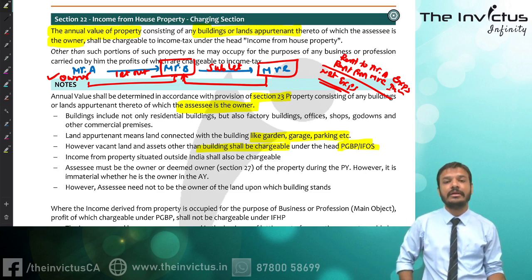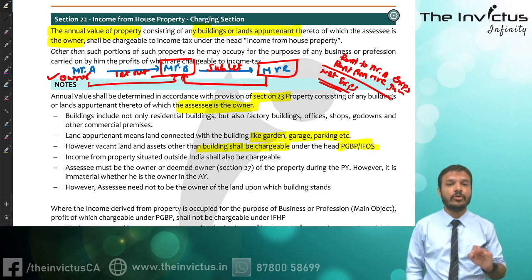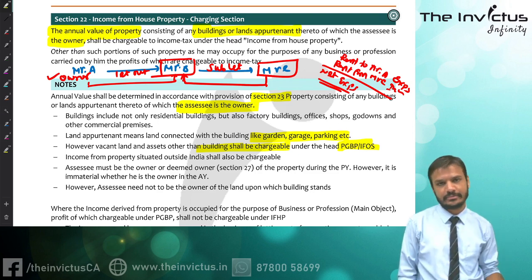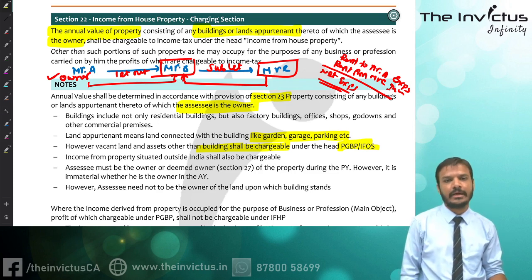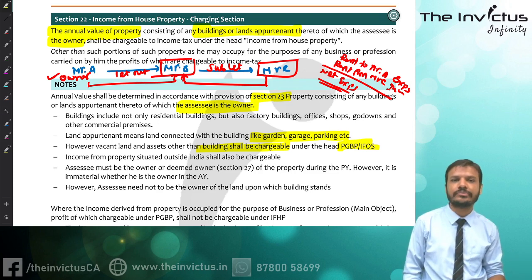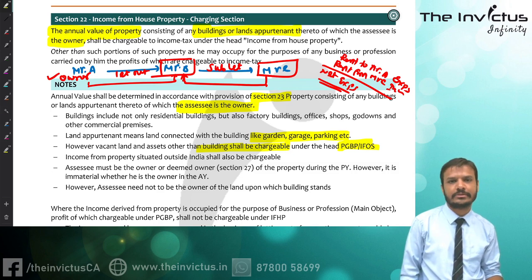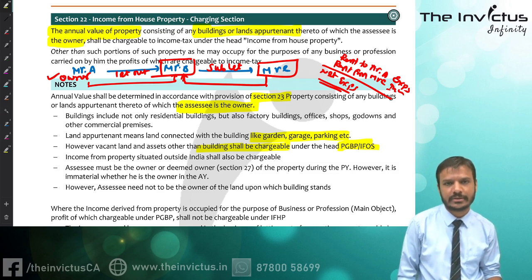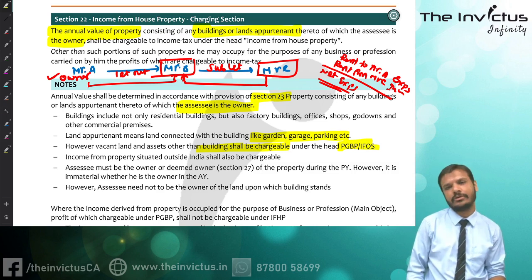Assets other than building, we need to consider only building under this head. If I have a car and I have given it to some person on a rental basis for a day or 2 or 3, then rental income from that car will not be my IFHP, right? IFOS or PGBP.